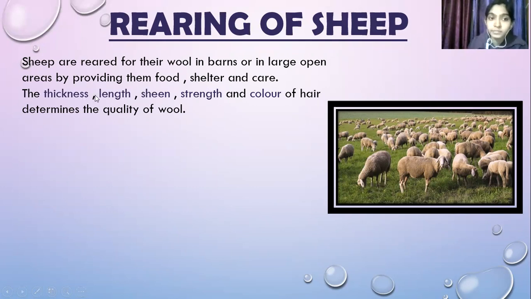So the thickness, length, sheen, strength, and color of hair determine the quality of wool. Like wool which we wear, how much thickness is there, the length of the wool fiber, sheen means shine, the strength, how strong it is, and the color depend on the quality of wool.